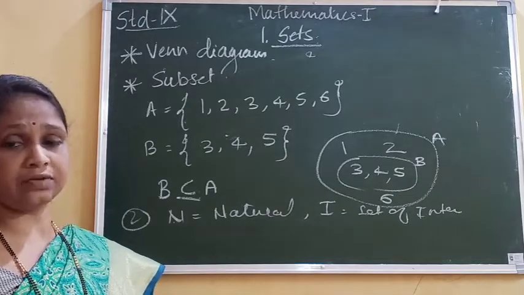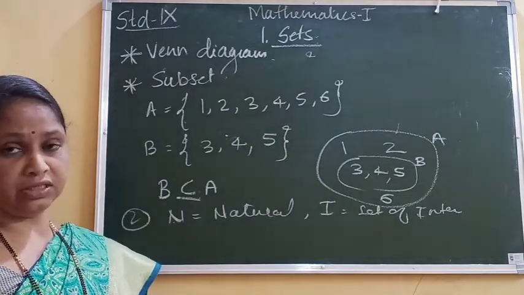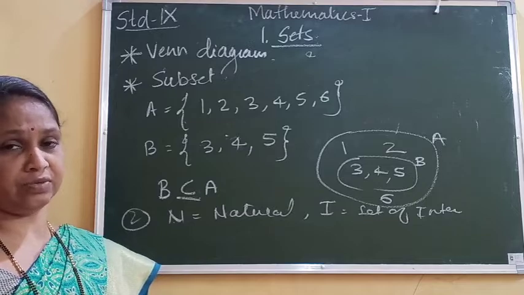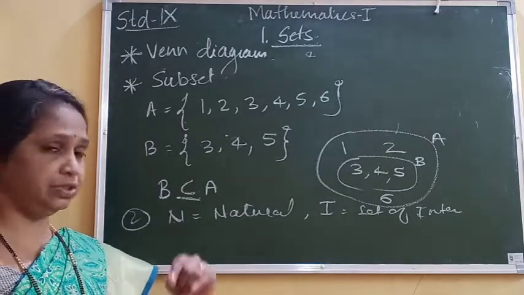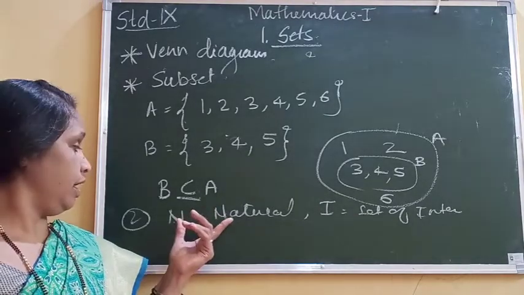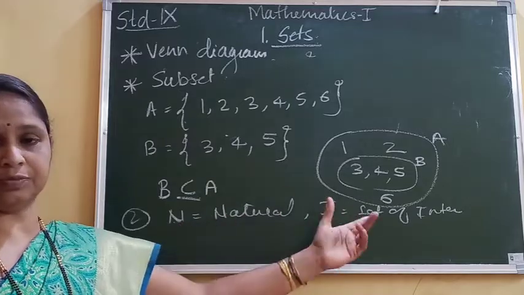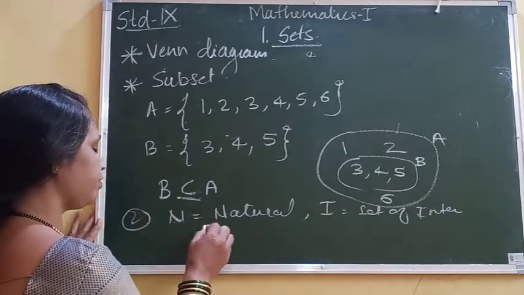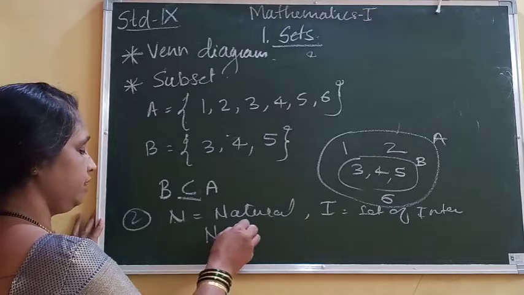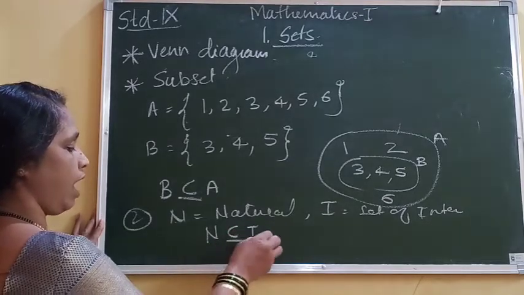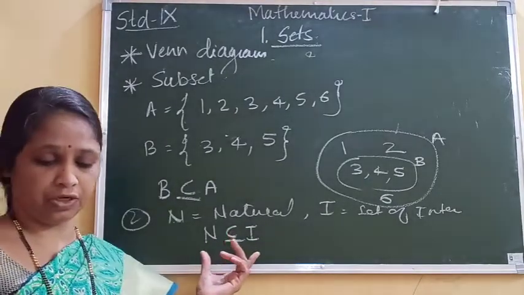And integers are 0, 1, 2, 3 and -1, -2 and so on. Here the natural numbers are a subset of the integers. How can we write this symbolically? N is a subset of I. This is the way you have to write it.